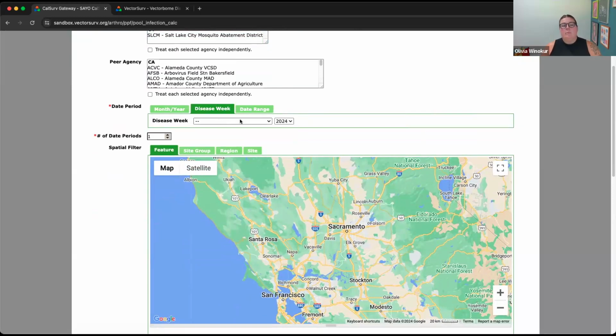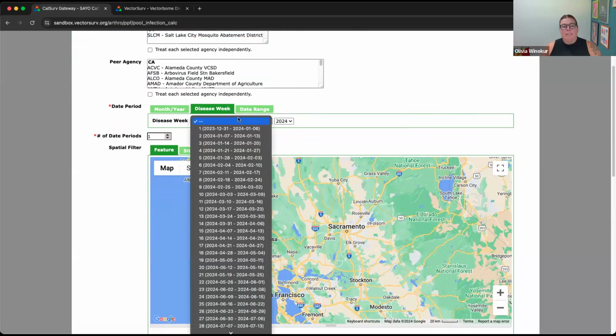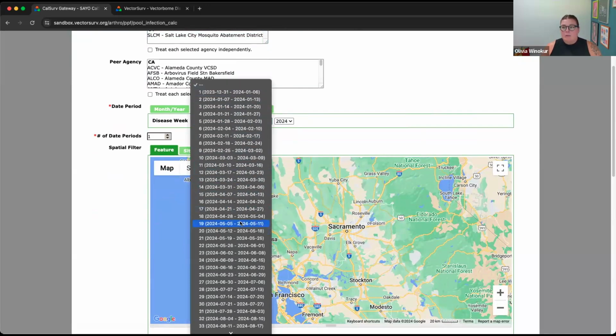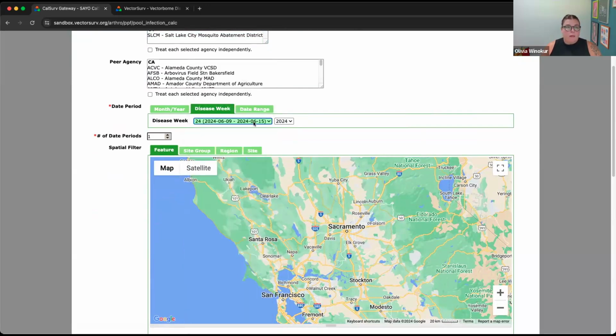If I was interested specifically in what was happening in one disease week in 2024, let's say what was happening last week, I could just run this pool infection rate calculator for that 1 week period of 2024.